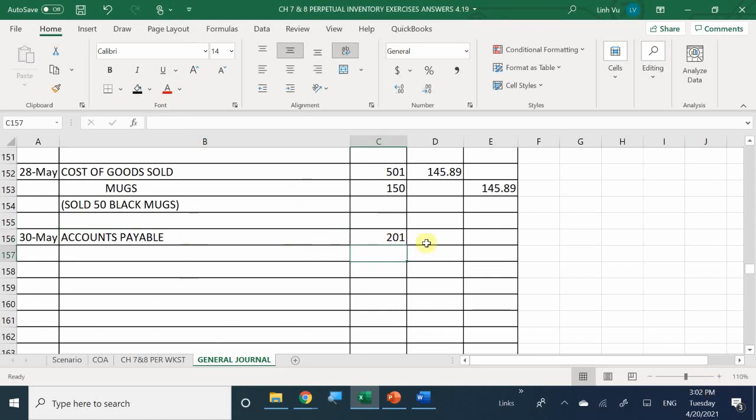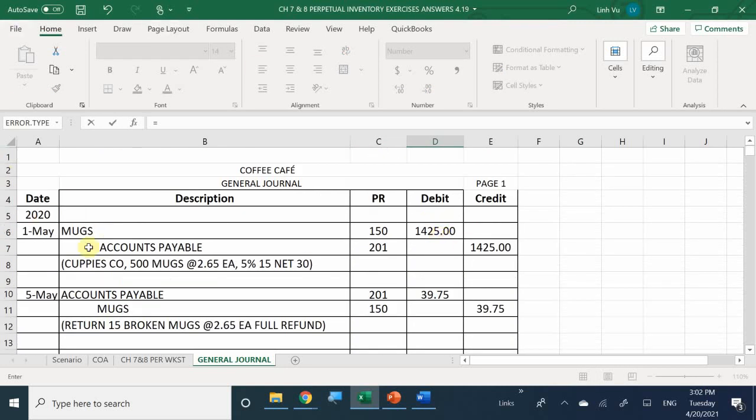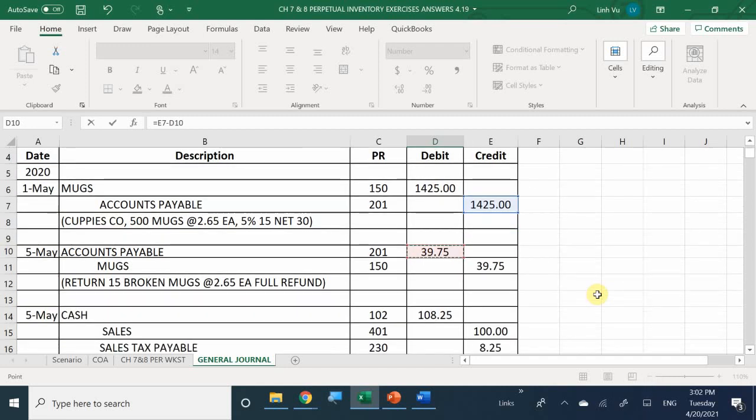Okay. So once again, bill number 1. We first owed a total of $14.25. However, we ended up returning $39.75. That was the first bill.